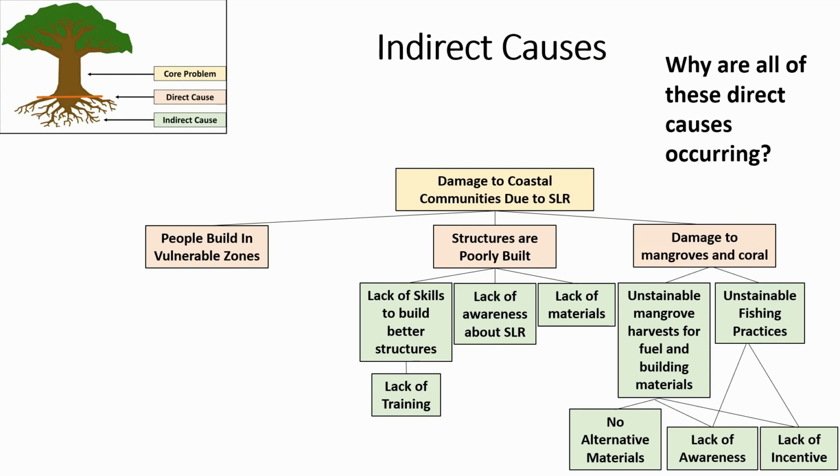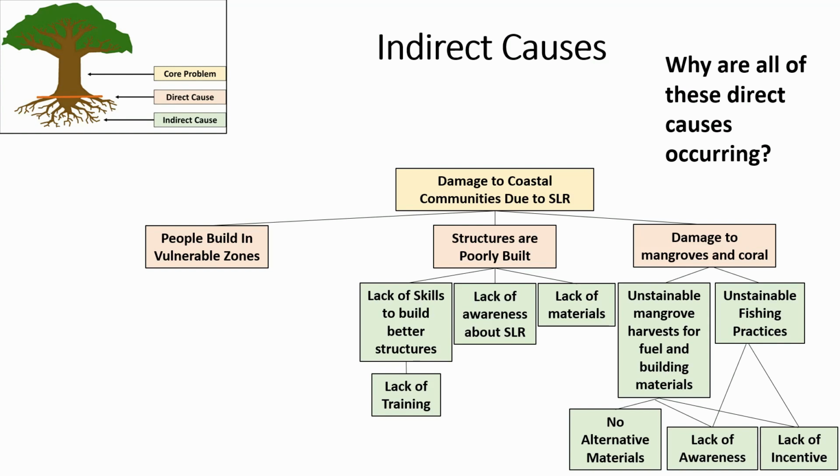But also we may have no alternative materials. Maybe the people don't have a choice. They don't have any alternative for cooking fuel or for building materials. And so again, you should be thinking at this point, that's a potential entry point. We give them alternative materials for cooking, and there are lots and lots of ways to do that.